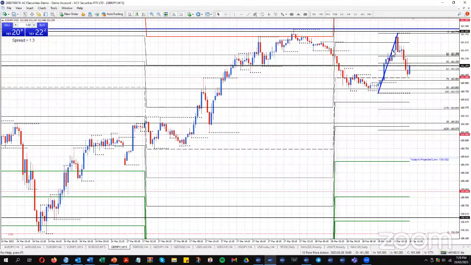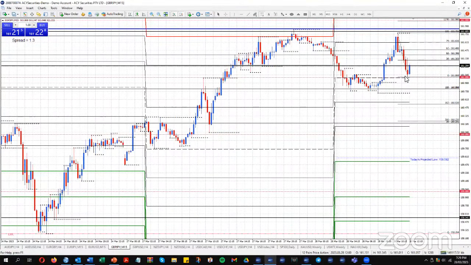I prefer to look for the failure from the stronger level of resistance, so I would be monitoring that way at the moment, but either one could be correct intraday there. All right, you can monitor that.